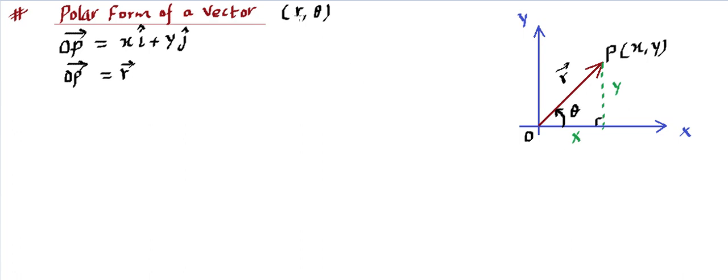Here this r without an arrow is representing the length OP. So OP vector magnitude is indicated by r magnitude, which we simply write by the letter r. So R is indicating the magnitude, and that is the length OP.